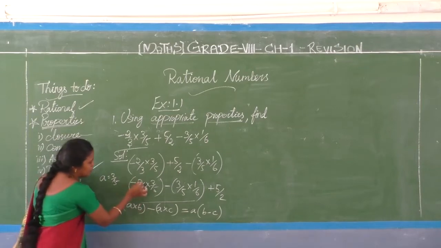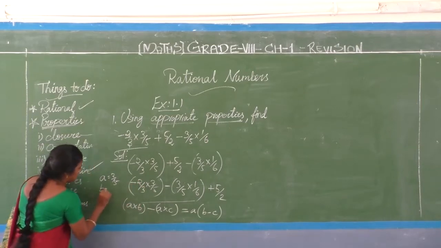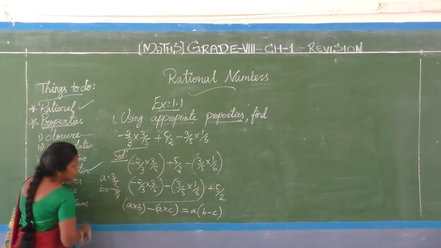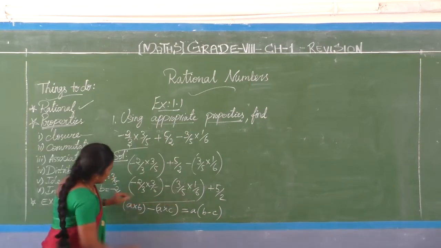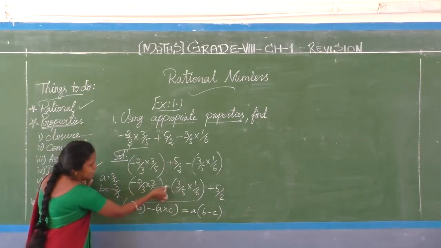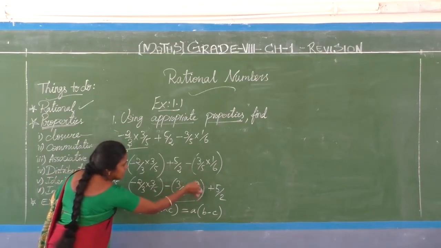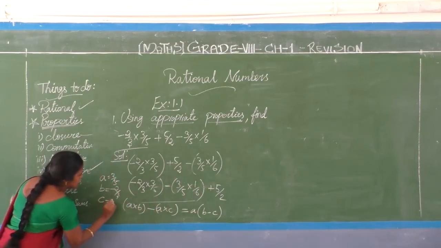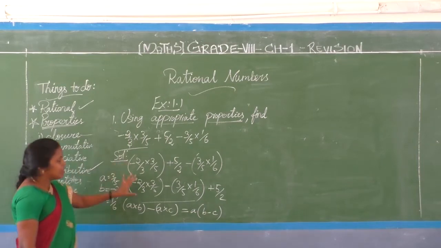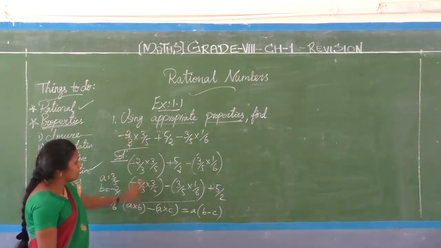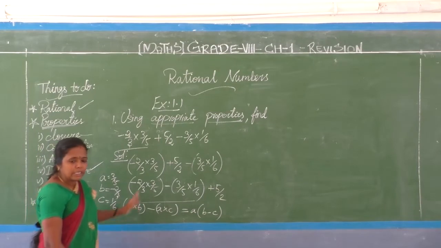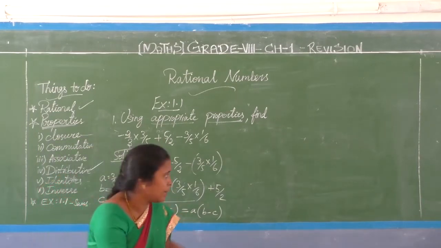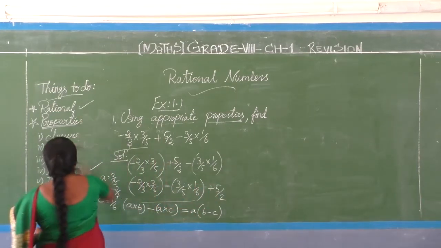So here B is minus 2 by 3. Here A into B minus A into C, so here C value is 1 by 6. So for solving this sum, the suitable property is distributivity only, so using that formula I am going to simplify the sum easily.